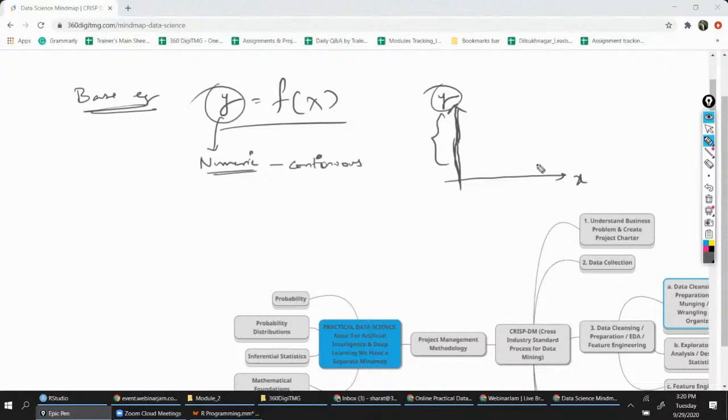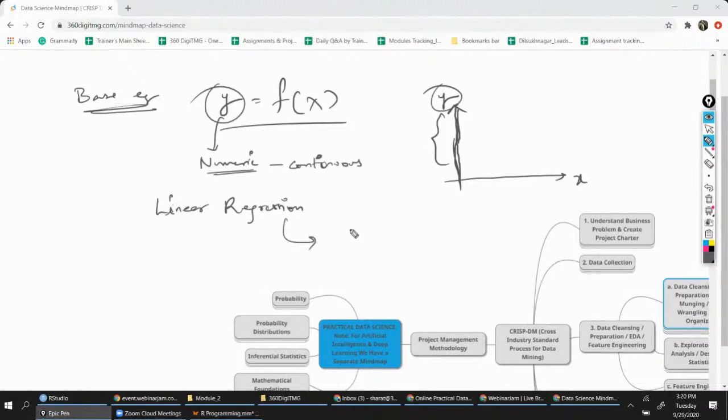Now, in order to solve this, we are applying something called the linear regression method. We are regressing the output using input variables. This is nothing but the equation of a straight line, guys.